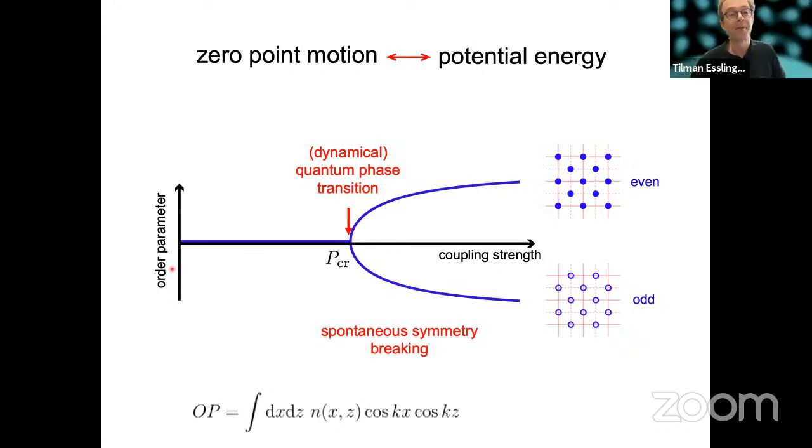That's maybe the more intuitive expectation for the phase diagram. So you have here the order parameter, and to the right you have the coupling strength. And at a critical point, the system starts to order, and it starts either to order in an even pattern or in an odd pattern.